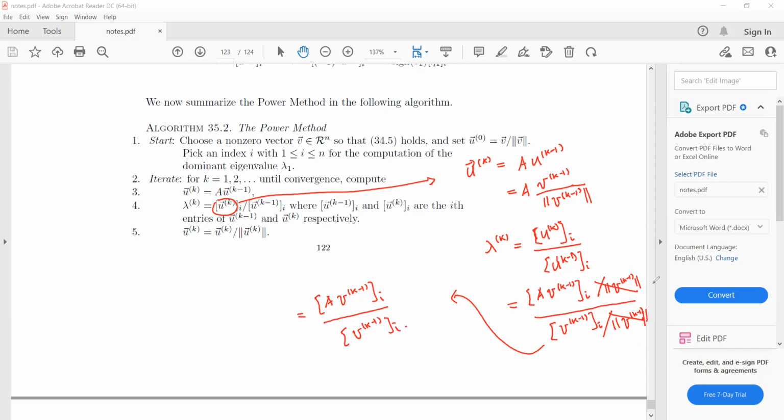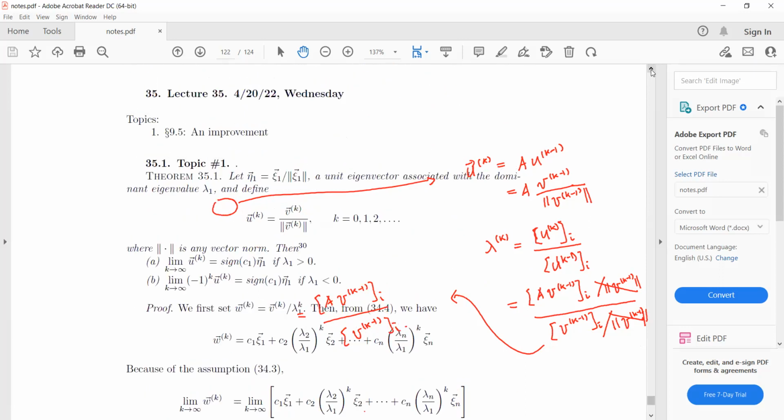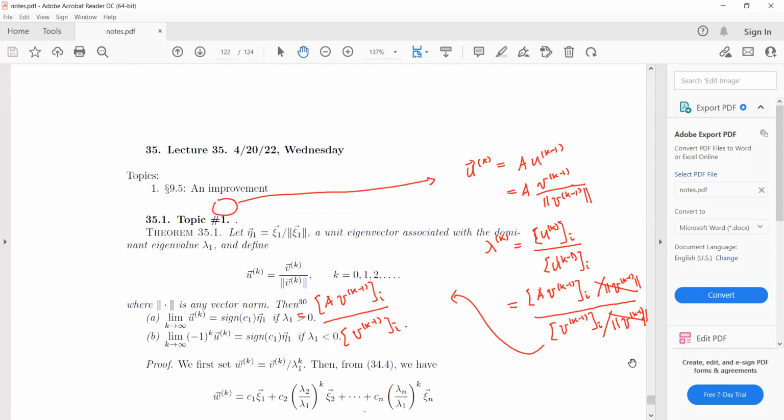So the numbers in this table should be equal to the numbers in the previous table.